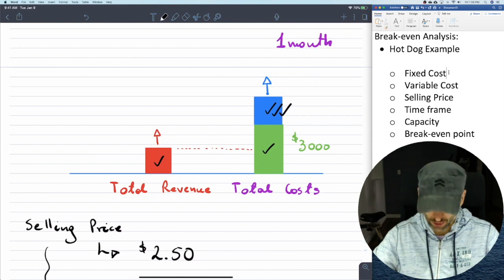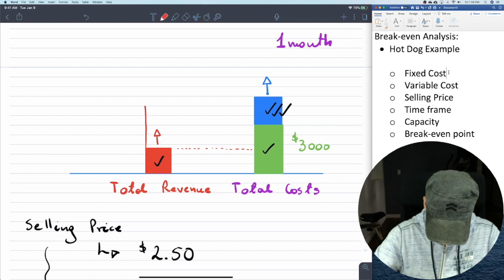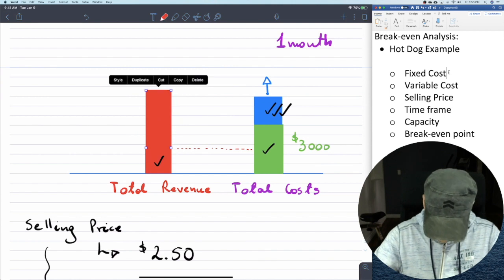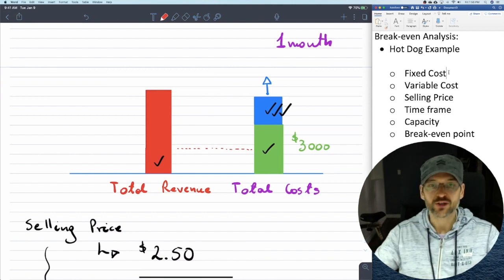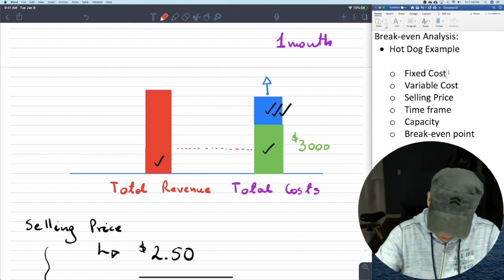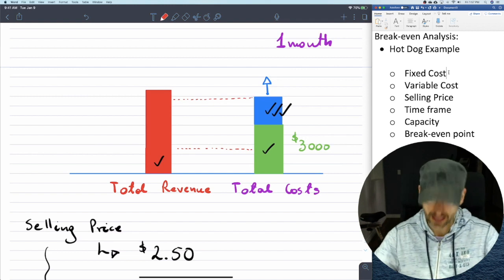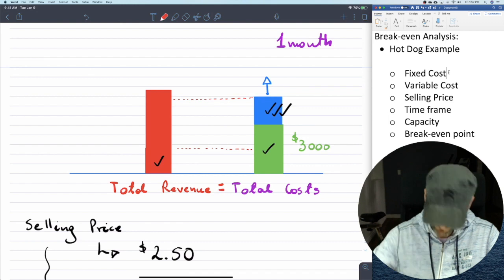The ultimate goal is that, as you keep going, you eventually want to come to a point where these two meet, where your total revenue is equal to your total costs.